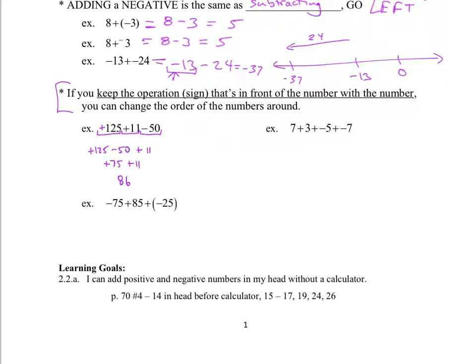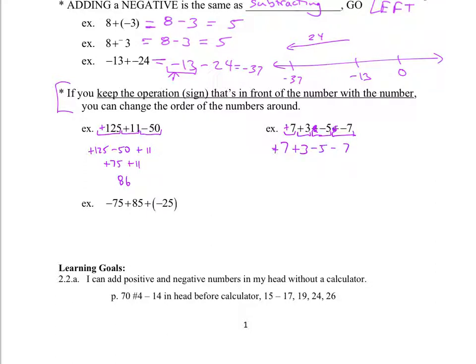This next example, for me, I probably wouldn't reorder it, but the book uses it as an example. So they think that if you have a positive 7 here, positive 3, this plus minus 5 could really just be a minus 5, and this plus minus 7 could really be a minus 7. So you have a positive 7 plus 3 minus 5 minus 7.